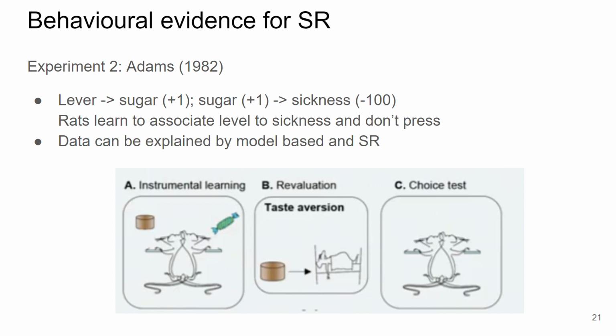Can you explain that again? Why should it be pressing the lever if it's value based? So do you understand why it doesn't press if? Did I say it has to press if it's value-based? It shouldn't. I think you said it shouldn't. I don't know. Okay, I'll just reframe.